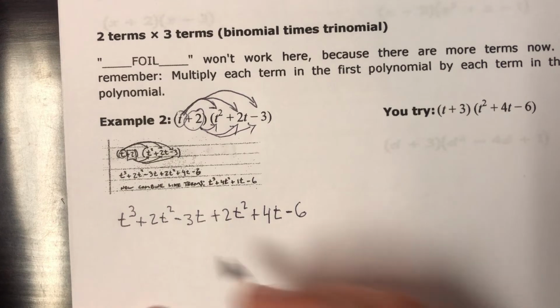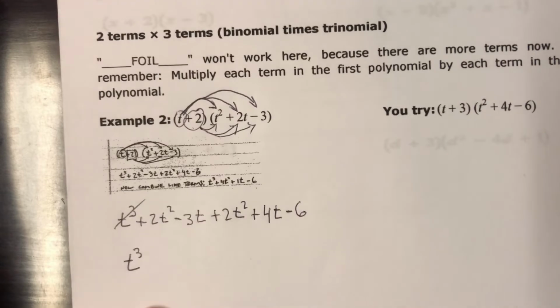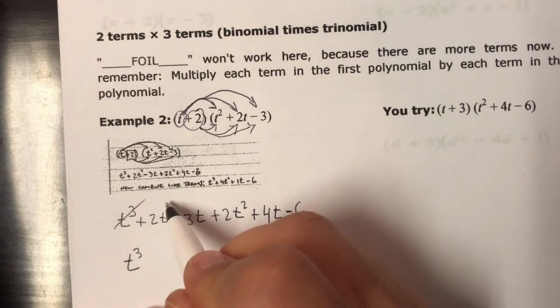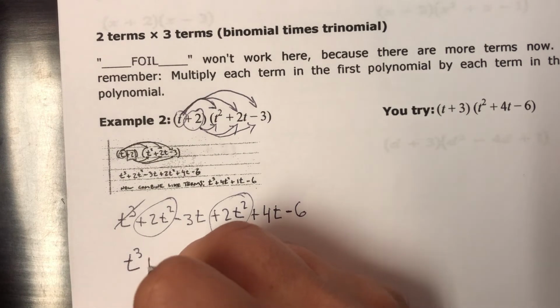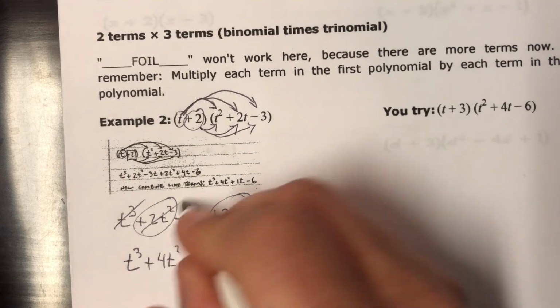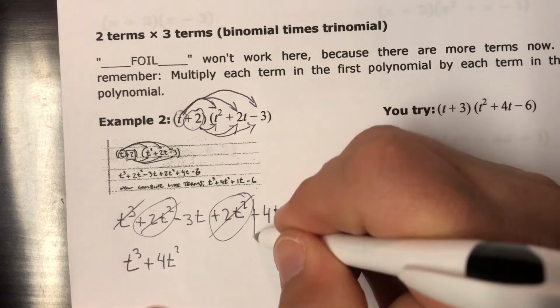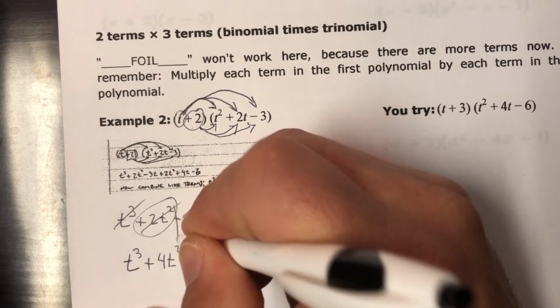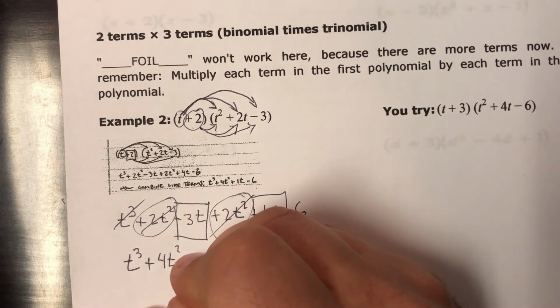So there's only 1t cubed. And then you have plus 2t squared plus 2t squared. Combine those two, you have plus 4t squared. Now you have plus 4t minus 3t, which is going to be just t, positive t.